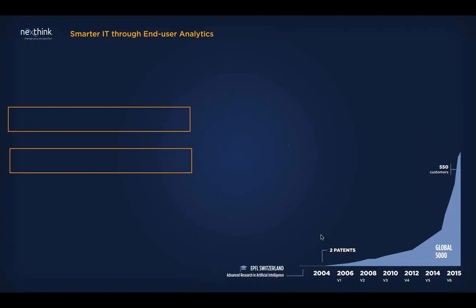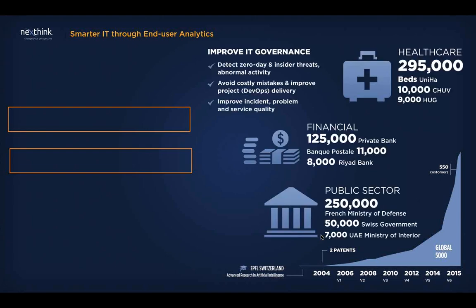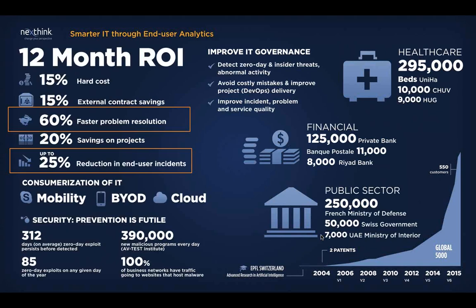When we have a look at a survey of most of the customers in the last years on the use of Nexthink, just to give you a few examples, we see a reduction of end user incidents by 25%. This is the consequence of being more proactive about tickets.